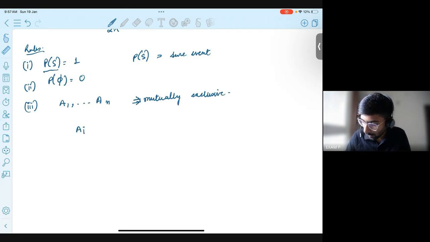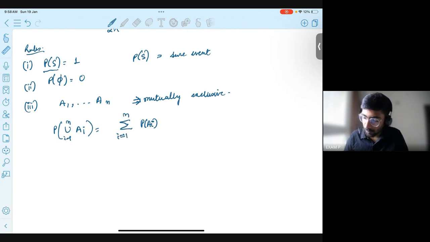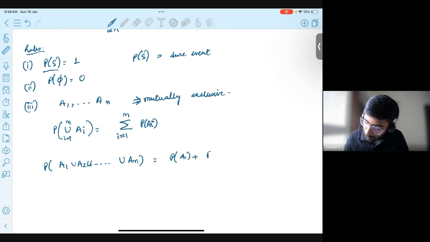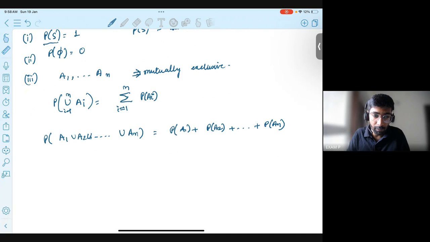If you take the probability of the union of Ai, i going from 1 to n, it is simply the summation of all these probabilities: probability of A1 plus probability of A2 plus dot dot dot plus probability of AN. If these are mutually exclusive events, that means there is nothing in common. So taking the probability of a union is the same as just adding up the different probabilities because there is nothing in common.